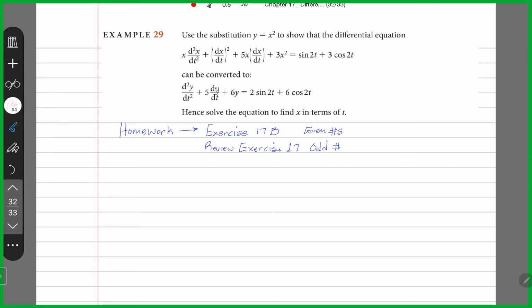So we have y is equal to x squared. Then I can say dy by dx is equal to 2x. All right, what I actually need is dx by dt, so maybe I should go a different route.